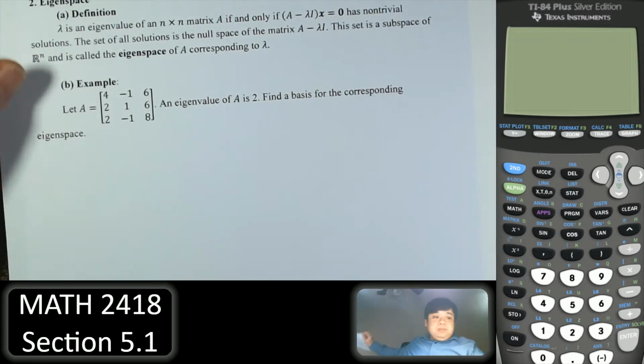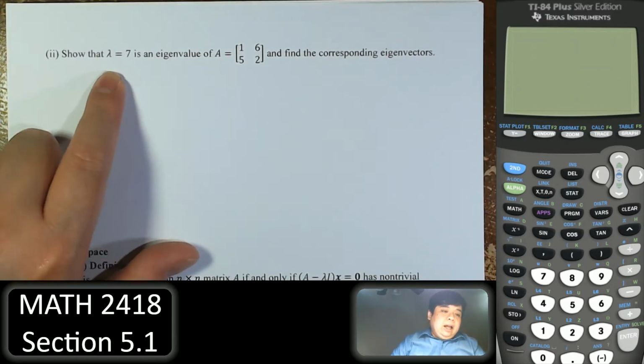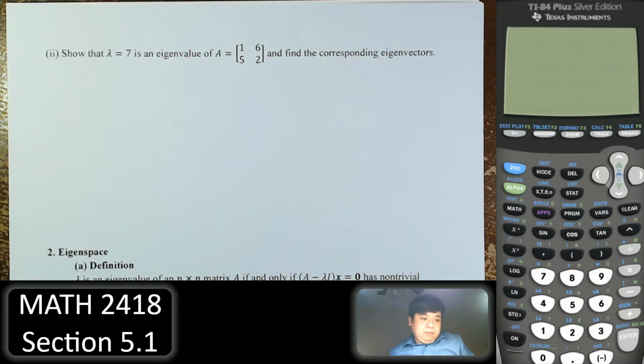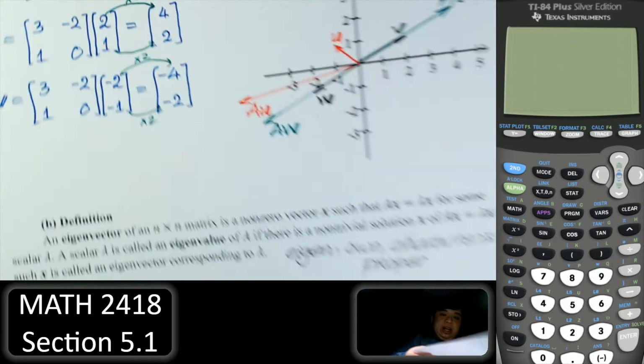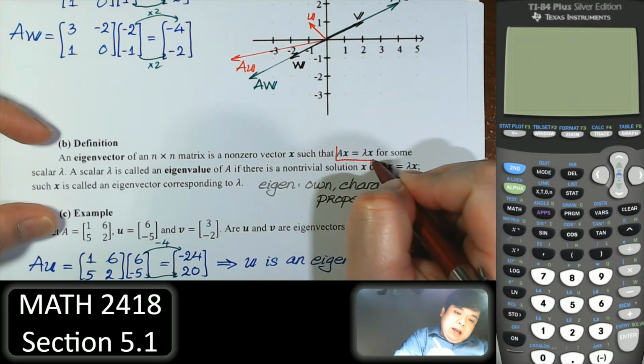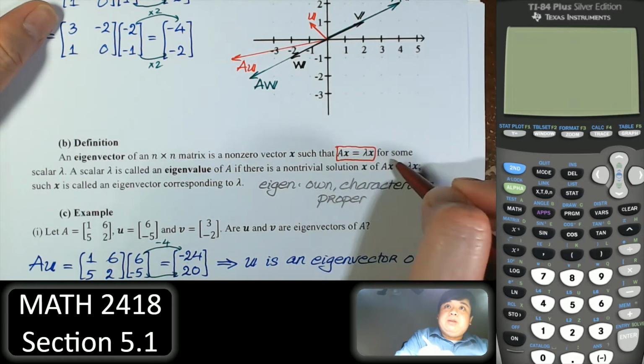Simple enough. Next, show that lambda equal to 7 is an eigenvalue of A and find the corresponding eigenvectors. Right, so once again, the definition of the eigenvalue and eigenvector is that A times a vector is just the same as a number times the vector.